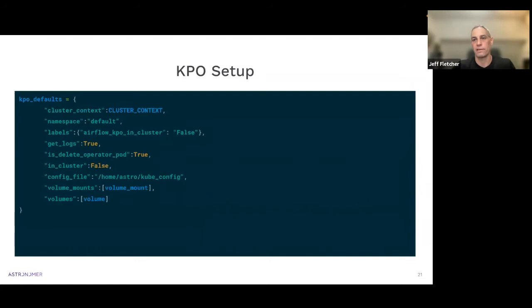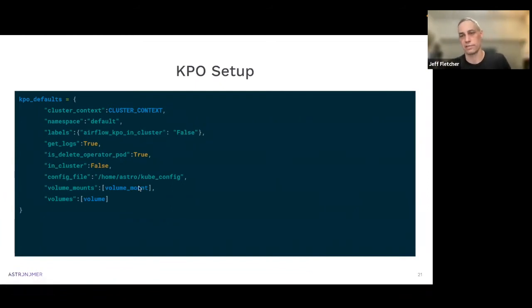There are some other things that we have to pass on to that Kubernetes pod operator. So specifically, we have to say that it's not in cluster. Airflow is aware of if it is inside its own Kubernetes cluster, it will try and use those automatic configuration settings. If it's not, it will know to then look for other mechanisms to go and authenticate to that Kubernetes cluster. We need to tell it the volume mounts because all of the pods use the same volume mounts.